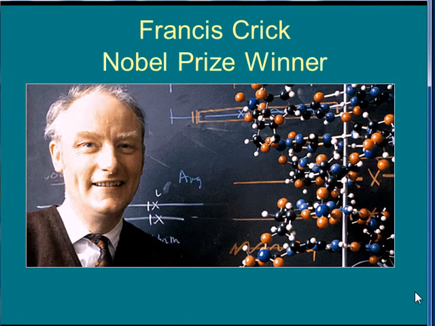Now, as we got to understand DNA, there was a race. This is a picture of Francis Crick, Nobel Prize winner, him and his buddy. They were the first ones to figure out the double helix chain. There was a big race around the world to do this, and in the United States, Dr. Linus Pauling was almost there.